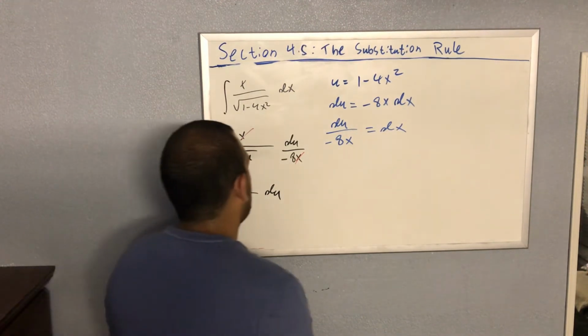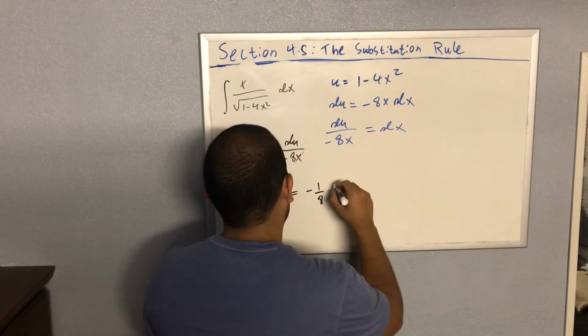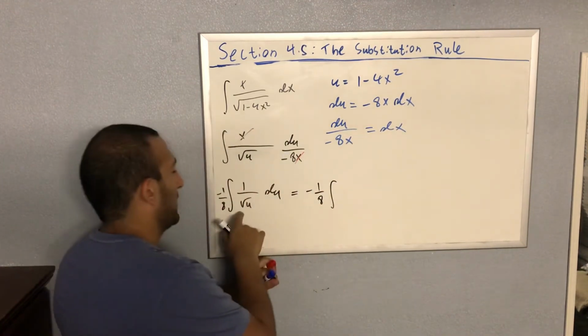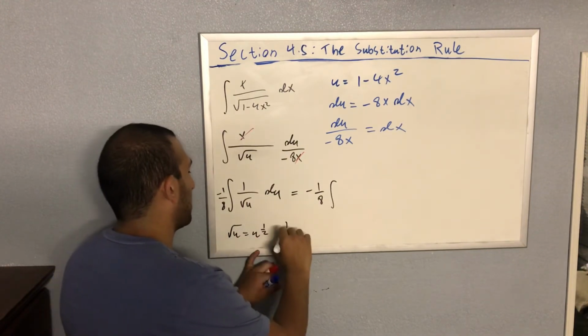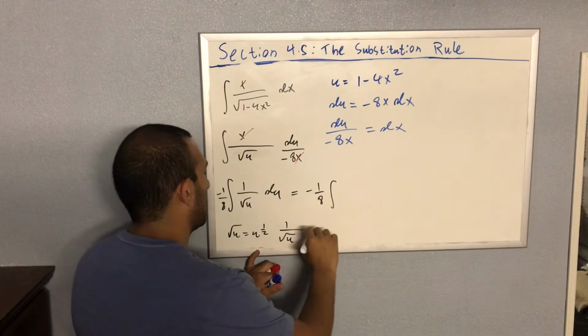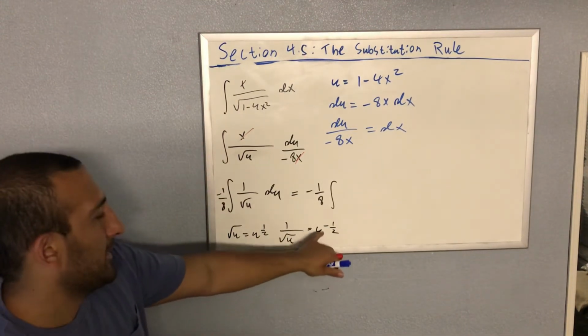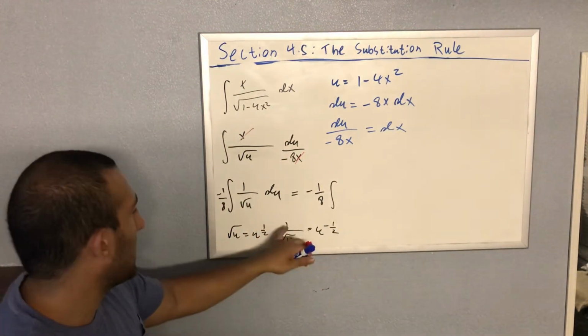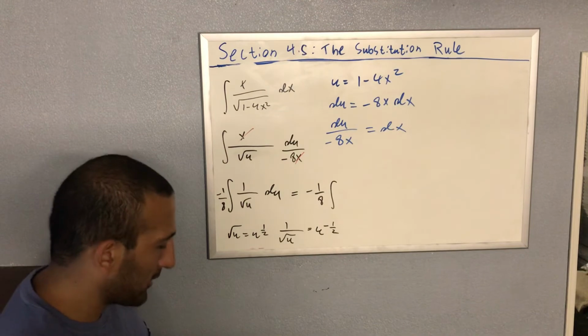And then you could rewrite this as negative 1/8 the integral. The square root of u is u to the 1/2. So 1 over the square root of u is u to the negative 1/2. Because remember, negative powers make you take 1 over the thing in the positive power. So what do I mean by that?